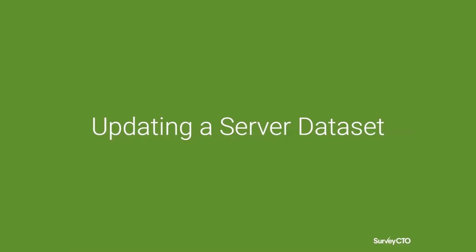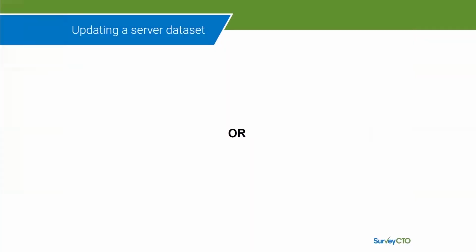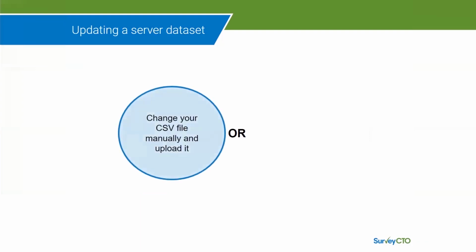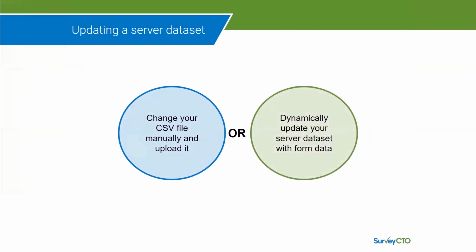At some point of your data collection, you may want to update your data sets. And you can do this in two different ways. Either you have a static data set where you uploaded a CSV file and you just need to upload a new CSV file to update it, or you have a dynamic data set where you are publishing form data.